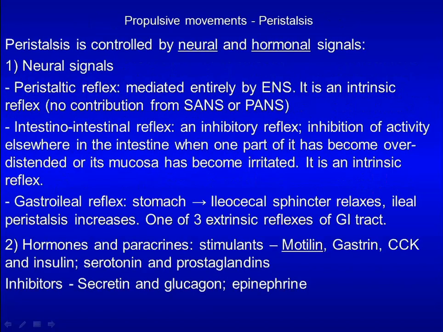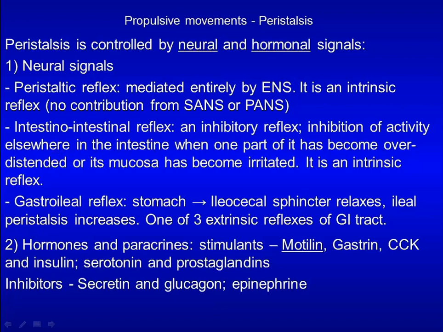Peristalsis in the small intestine is controlled by neural and hormonal signals. Neural signals include 3 major reflexes. First is peristaltic reflex, mediated entirely by enteric nervous system. It is an intrinsic reflex. Second is intestinointestinal reflex.